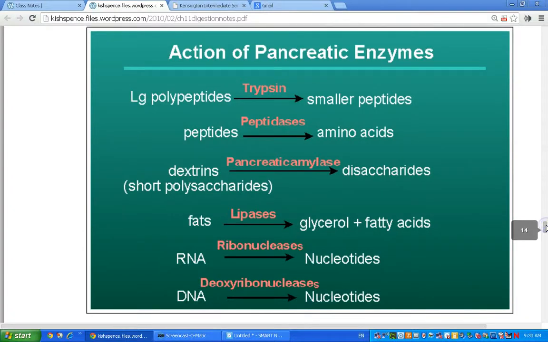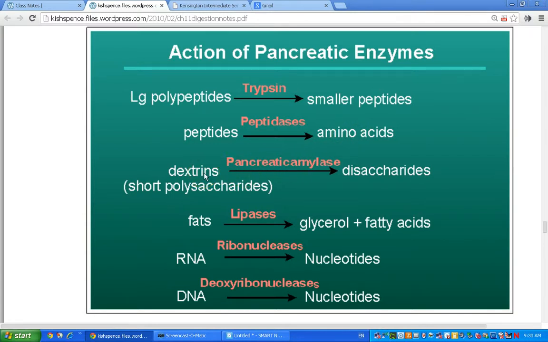This is a little easier view of what their action is. So, trypsin, once trypsinogen had been activated into trypsin, trypsin acts on the large polypeptides that are coming from the stomach and breaks them down into the smaller peptides. And then those peptides are acted on by peptidases to break them right into amino acids.